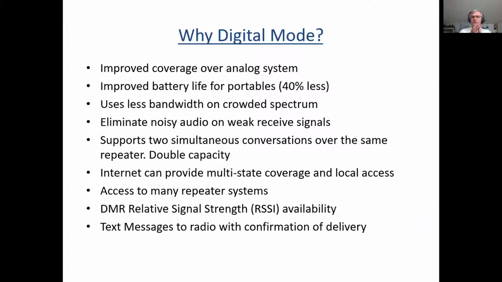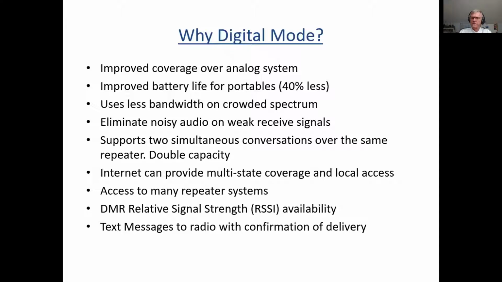It uses less bandwidth on a crowded spectrum. It really eliminates noisy radio traffic. DMR will be very, very clear to not there at all anymore. And by linking them via the internet, you can cover a region, a multi-state area, and we'll talk about that a little bit later.